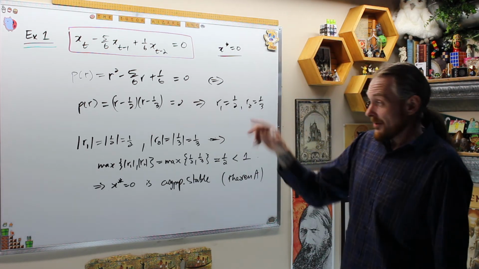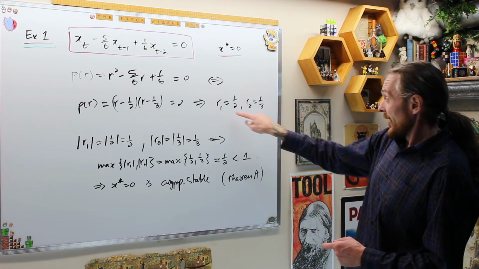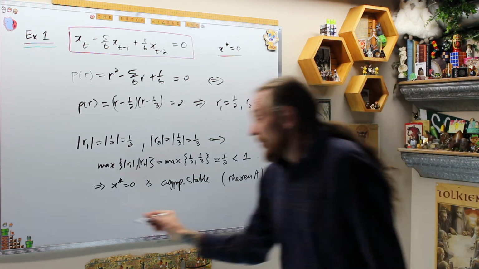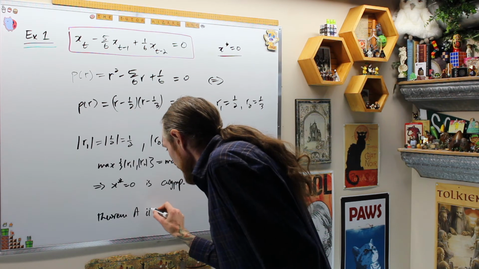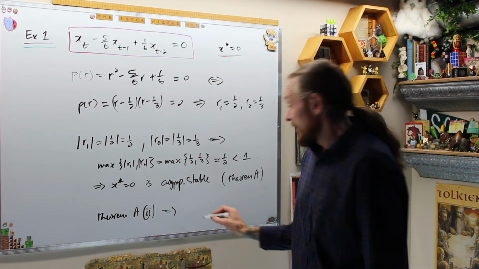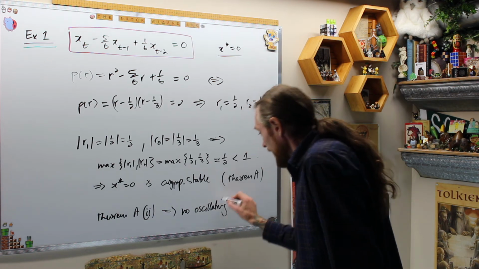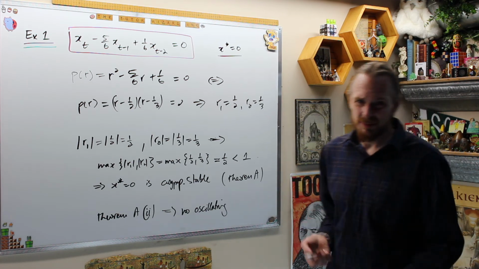Now for oscillatory, it's not oscillatory because it oscillates if and only if it has no real roots of the characteristic equation. This one has two real roots, and therefore by Theorem A, part 2, we know that this is not oscillating and asymptotically stable. Let's do one more where we have complex roots.